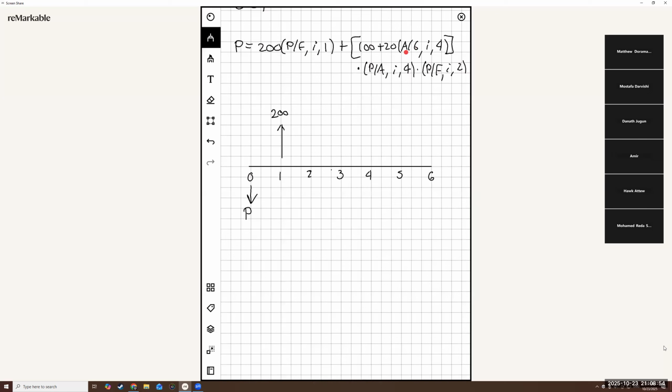Then this we said is a whole annuity, but from this term over here, because at the end they moved it back 2 years into the past, we know that it starts on year 2. So something starts on year 2, an annuity. This annuity has 4 installments.